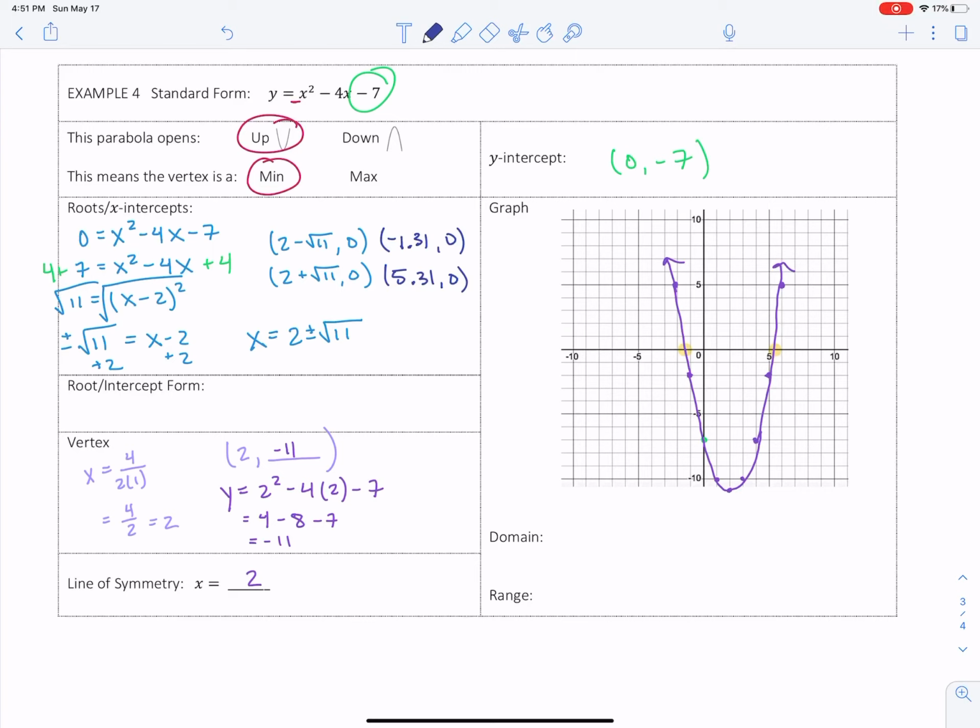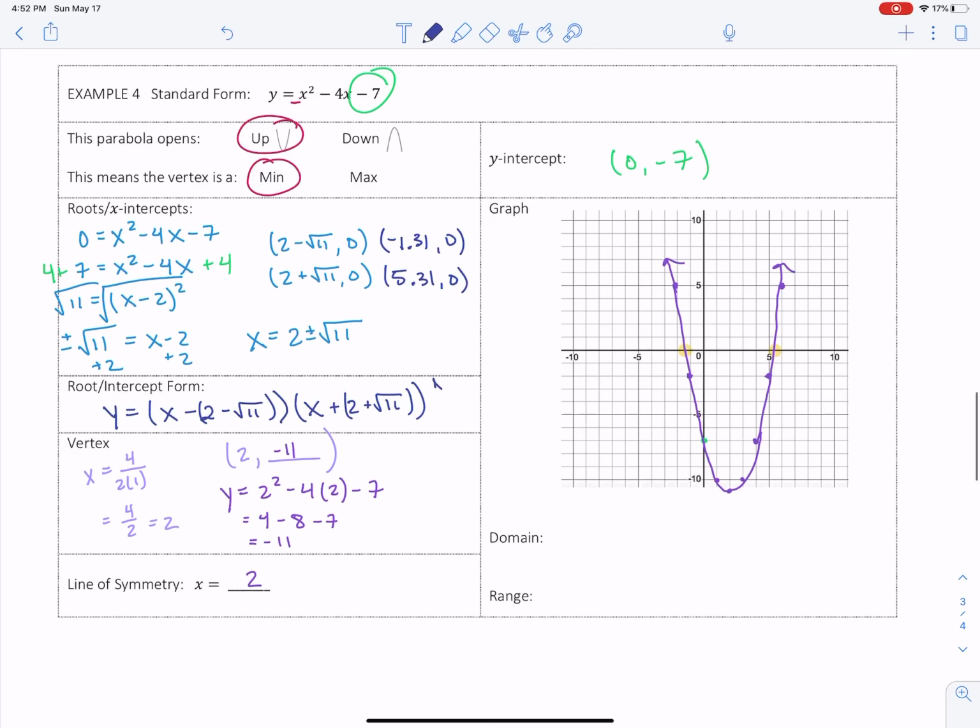Now, I want you to watch something for our root-intercept form, and this gets a little bit tricky. y is equal to x minus 2 minus square root 11, and you have to make sure that these are in parentheses, and then you have x plus 2 plus square root 11.